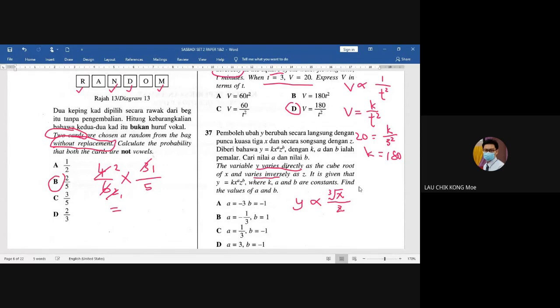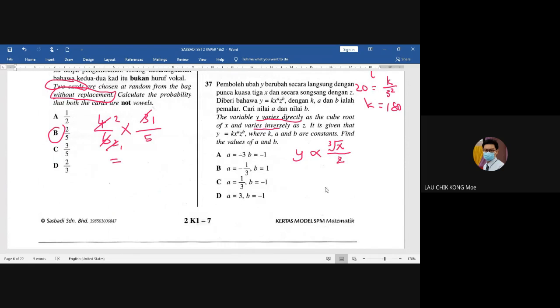So this is a relation we can do. Then we convert to the equation y equals k times cube root of x, divided by z. The question now asks you to write it into linear form.